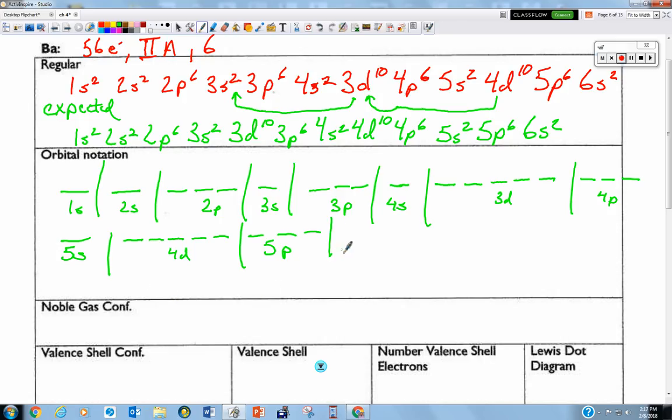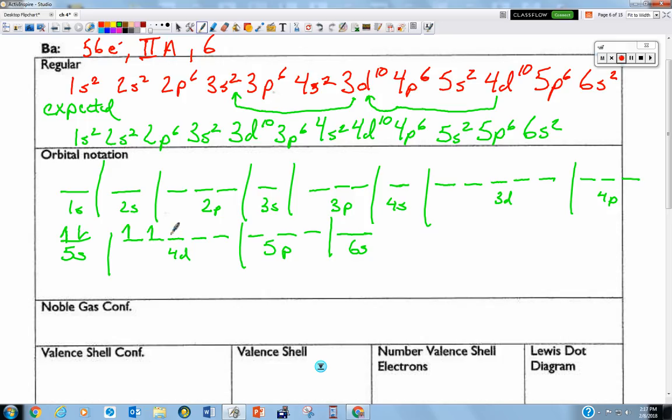And then we go to 6S. All right, so just accept that all of these are full, and we'll start at 5S. How about that? That one's full.